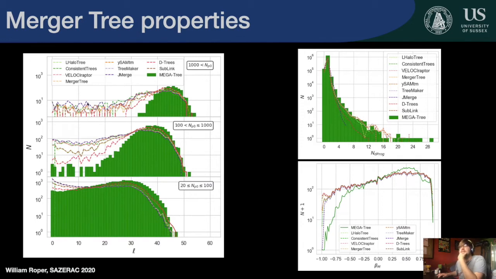And it turns out this is due to the choices you have to make in a merger tree. You have to break these links to make sure there's only a single descendant, and doing so leaves these orphaned halos that just appear as their own tree with no history to them. This is evident also in the medium mass regime, but here, importantly, up here we don't see any of this.